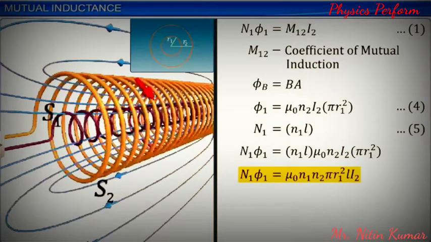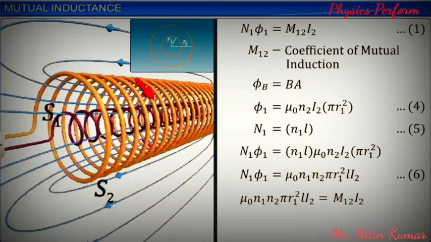Let this be equation 6. Equating the right-hand side expressions of equation 6 and equation 1 and simplifying, we get M12 is equal to mu naught n1 n2 pi R1 square L. Let this be equation 7.